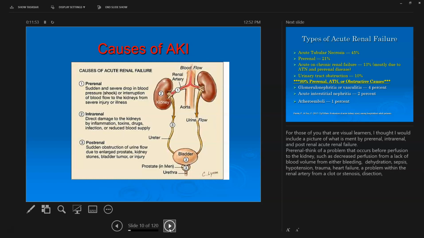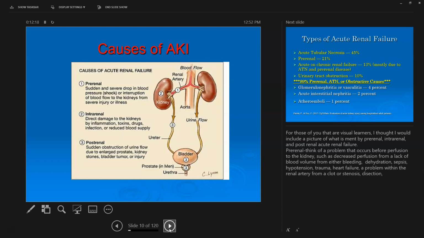Stones, mass. Also think about, do they have a stricture somewhere here within the ureter, so that they're not emptying out their urine? Sometimes people, because of a stricture, get stents placed. And then when those stents are placed, they can sometimes get occluded. And with the stent occluded, they can't pee.